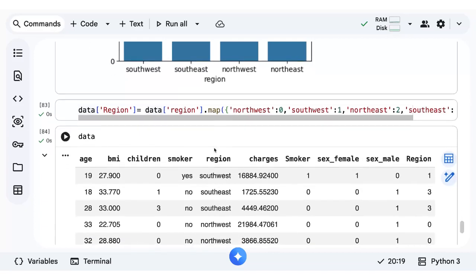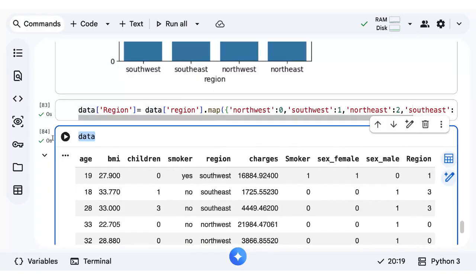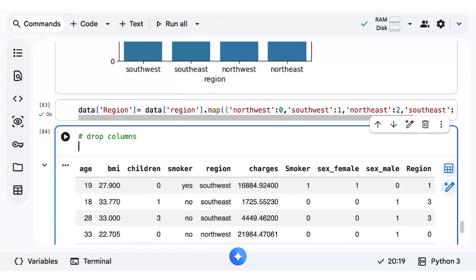So which columns do I have to drop now? The original smoker and region columns we have to drop. Okay, so you know how to drop, data dot drop.